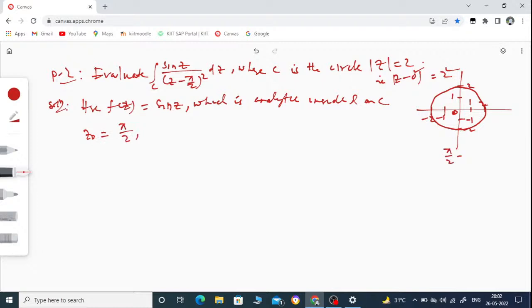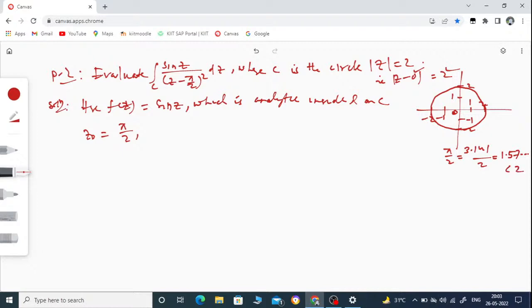The value of pi is 3.141, so pi by 2 is about 1.57, which must be less than 2.